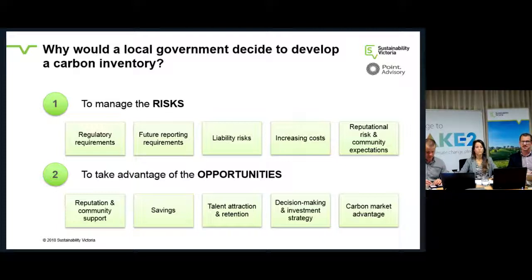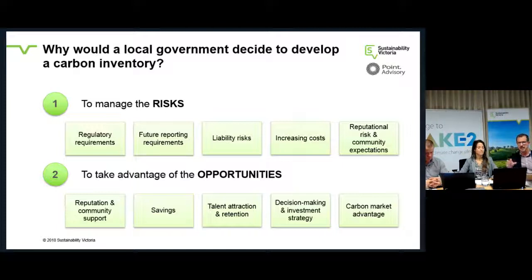Liability risks is another one. While, again, there's not a huge amount happening in this space at the moment, there's certainly growing activity around carbon liabilities. And I thought I'd just share what I think is a really interesting case that Marissa and I heard about the other day. This is in Peru, so not directly geographically relevant, but still really interesting. There was a farmer up in the Andes, in the higher altitudes of Peru, who's operating a farm.